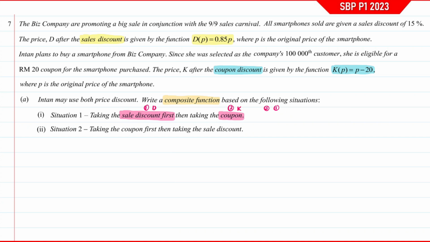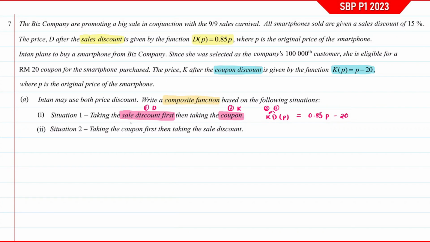Then the composite function for situation 1 will be KD with the input of p. This means we're going to insert the function D into the function K at the p here. So the composite function KD will be 0.85p minus 20.